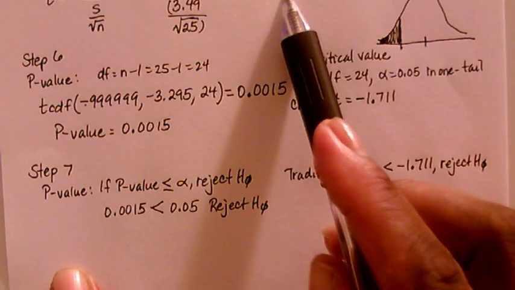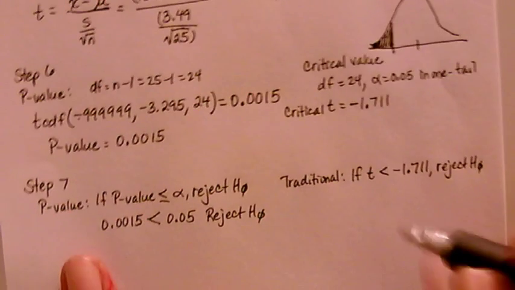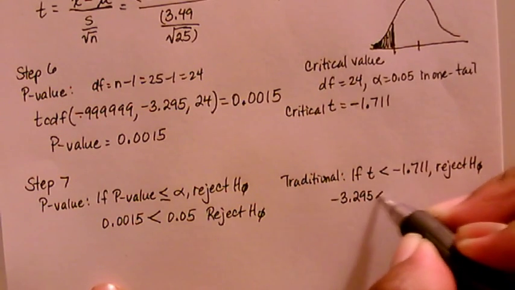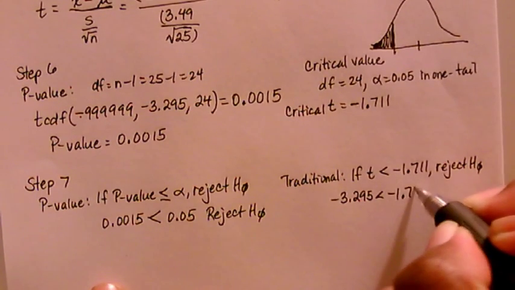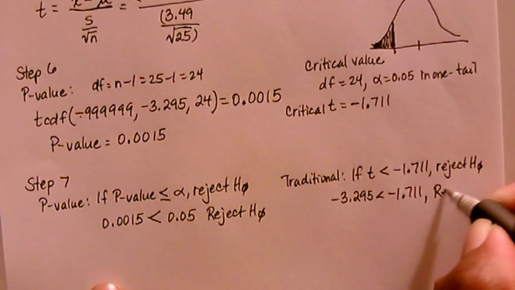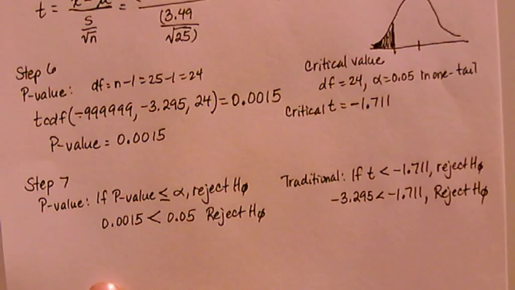And your test statistic from step number 5 was negative 3.295. And here negative 3.295 is less than negative 1.711. That's farther to the left. So reject the null.